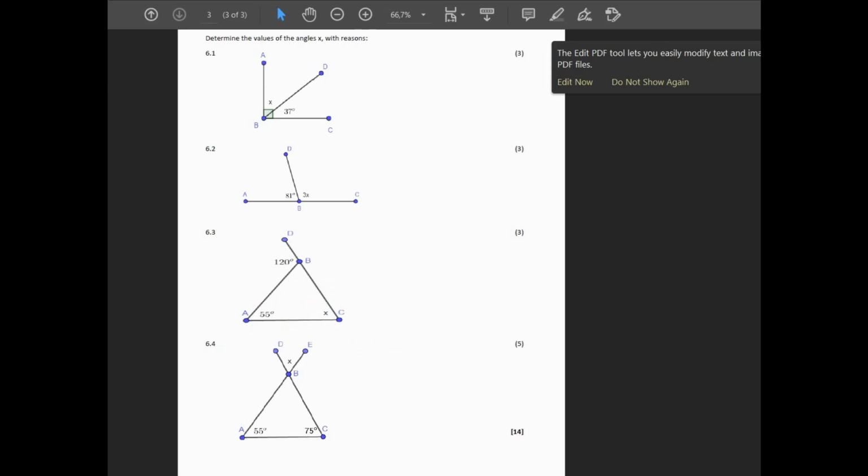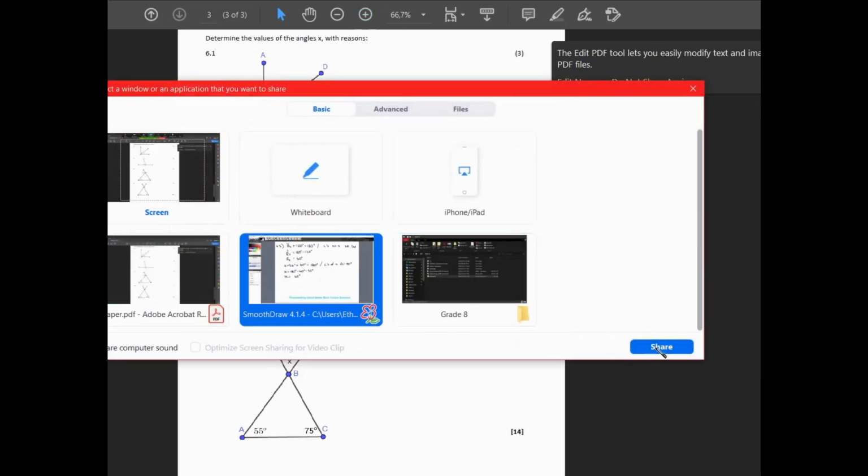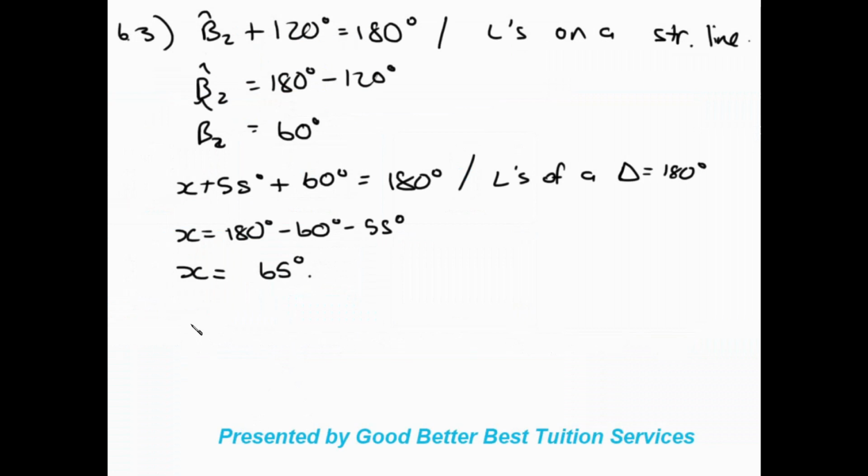So how we're going to write that down is like this, okay? We're going to say the exterior angle, which was equal to 120 degrees, right? It's equal to the sum of the opposite interior angles, which are x and 55 degrees, right?